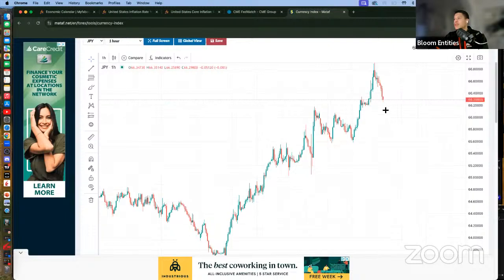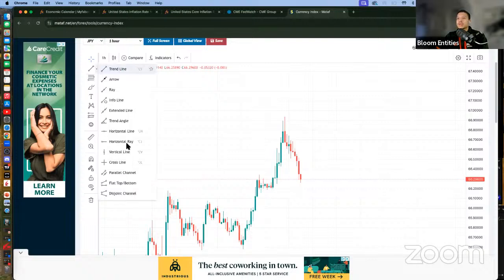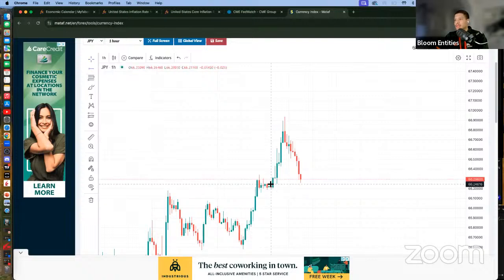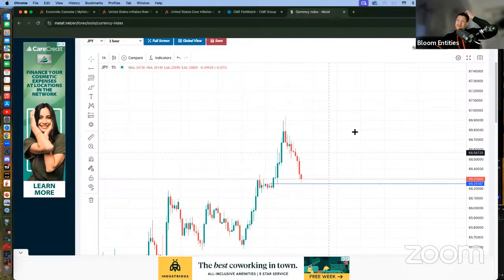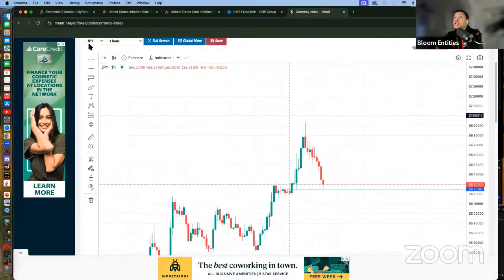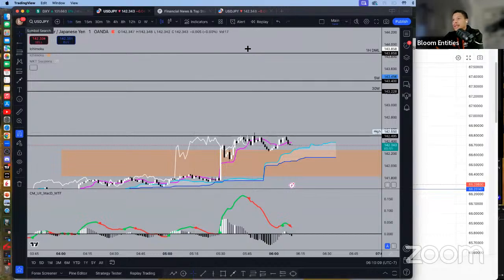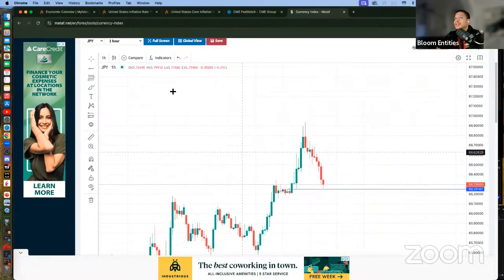All right, and this is the 1 hour on JPY, so it looks like it's about to run into this decision-making level here. This is Matif, however you want to say it. But what this is viewing is just the Japanese yen. So instead of USD JPY and the buying and selling of those two currencies, we're able to just view JPY, similar to the way we just view the DXY.